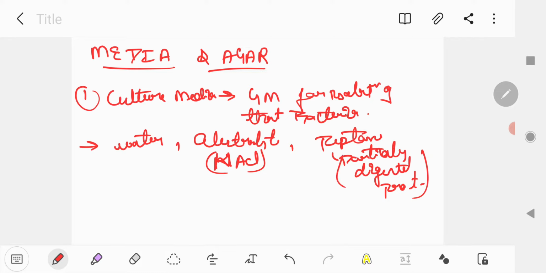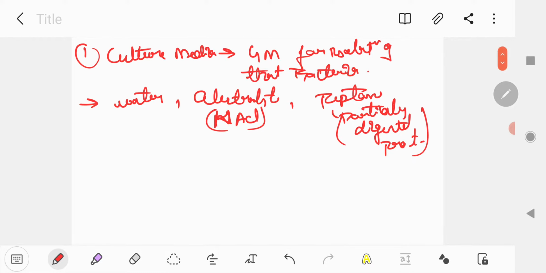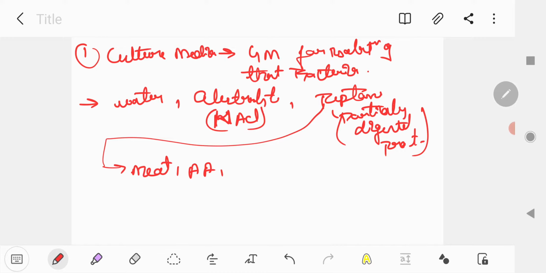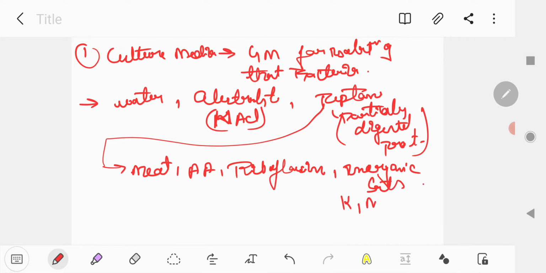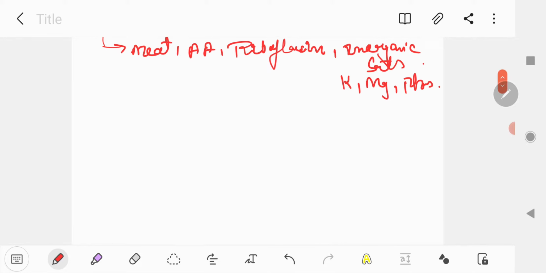Along with this, in the peptone, you can take extracts of meat, amino acid, riboflavin, and inorganic salts, for example, potassium, magnesium, and phosphate. Okay, so I write down all the notes here and you can screenshot this slide.